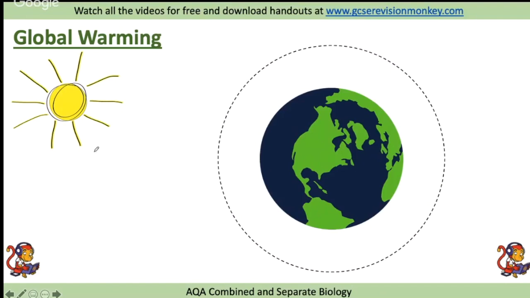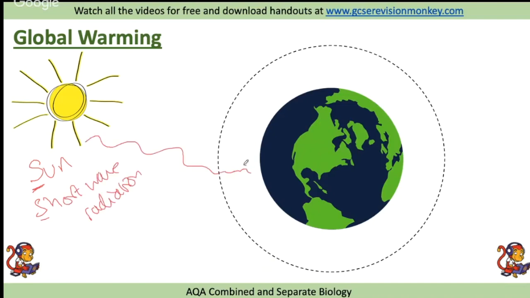In global warming, I want you to remember that from the sun, short wave radiation is released. This comes up in the physics topic as well. Short wave radiation is released. That goes through our blanket of greenhouse gases in our atmosphere, but it is reflected back after it's reabsorbed and then re-emitted from objects on the Earth as long wave radiation.